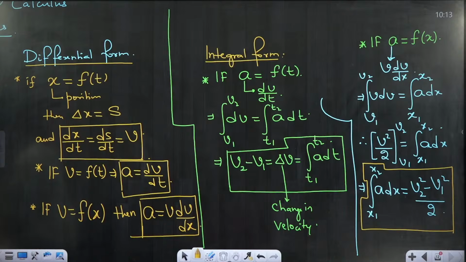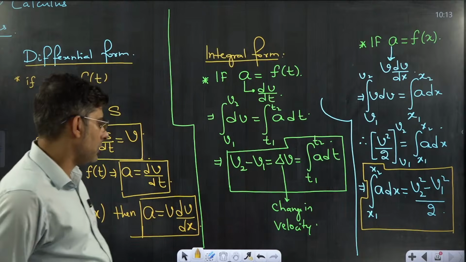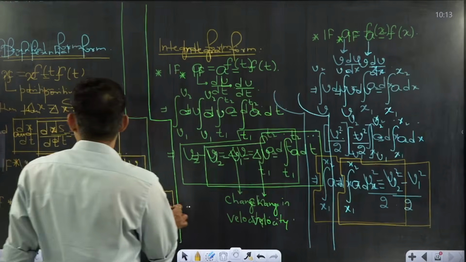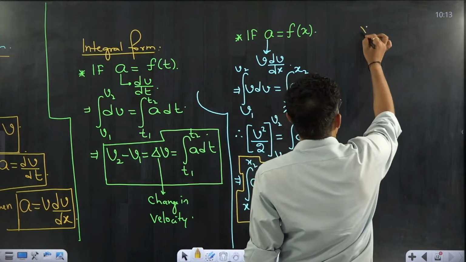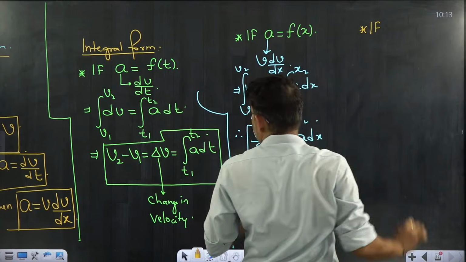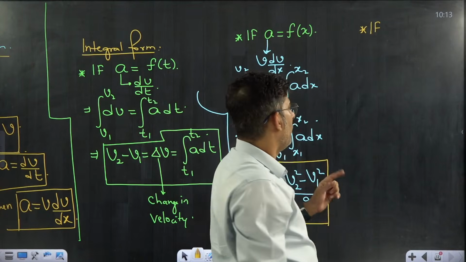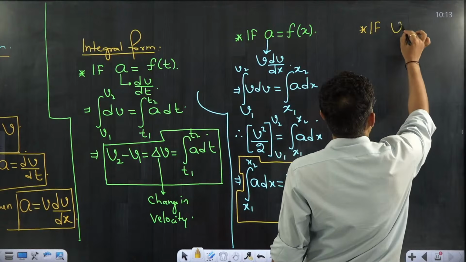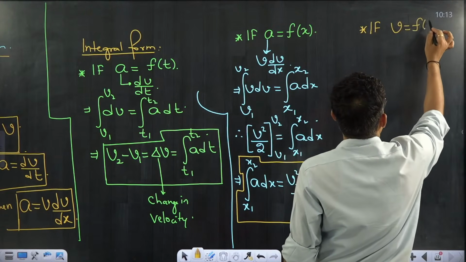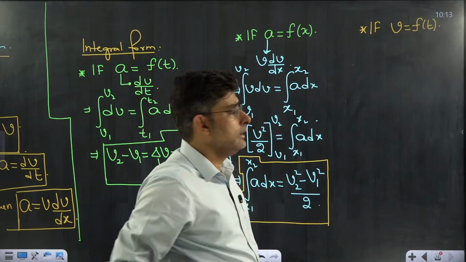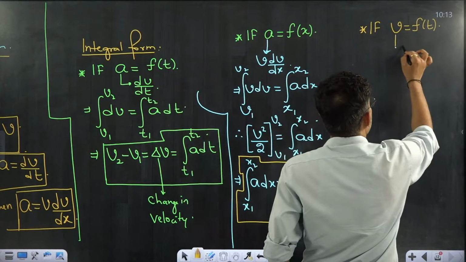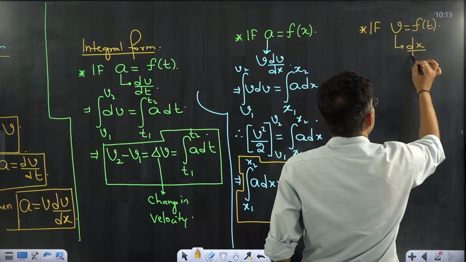So let's now see another important integration. Now we saw acceleration as a function of time. What if velocity is given as a function of time? If velocity is given as a function of time, then we know that velocity is nothing but dx by dt.